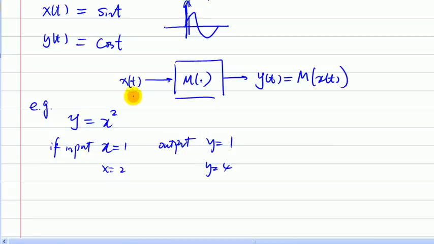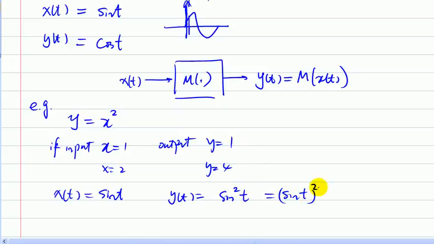Now we have t here, which means if I represent my input x as a time function, maybe this x of t is a sinusoidal, then the y is ultimately also a time function. And of course, in this particular case, it'll be just sine squared of t, or if you like, sine t squared.